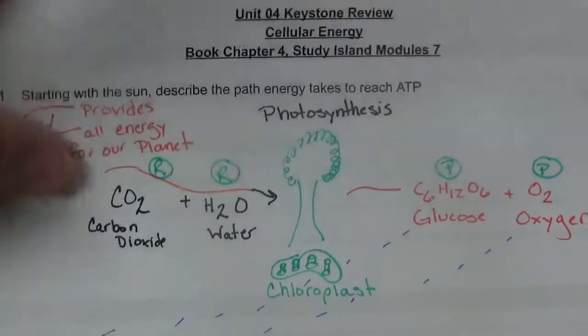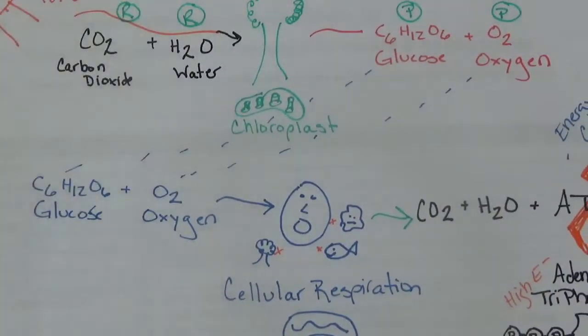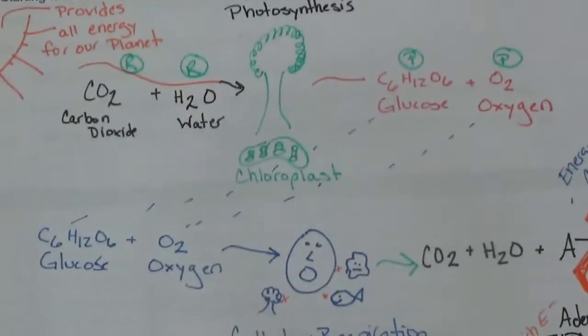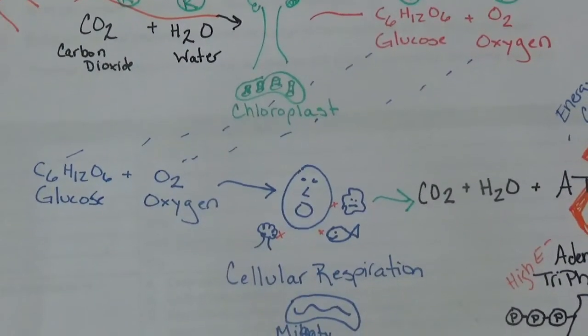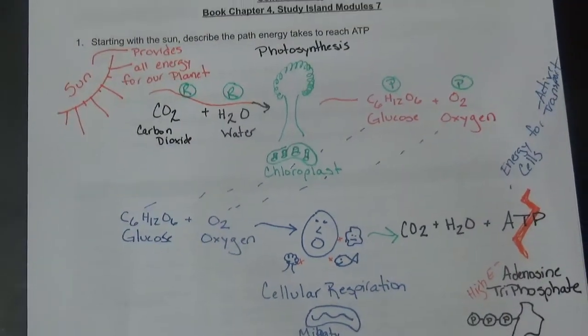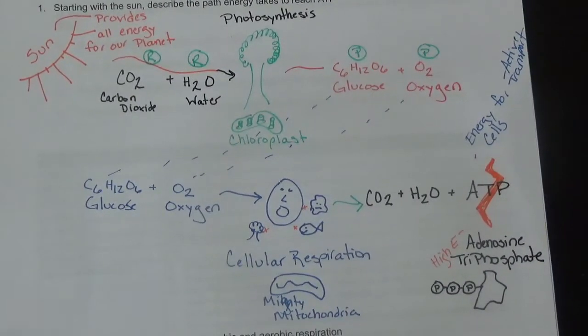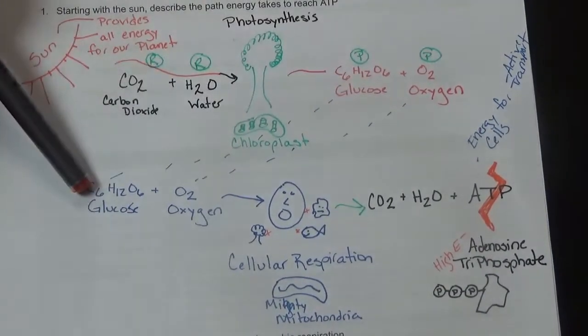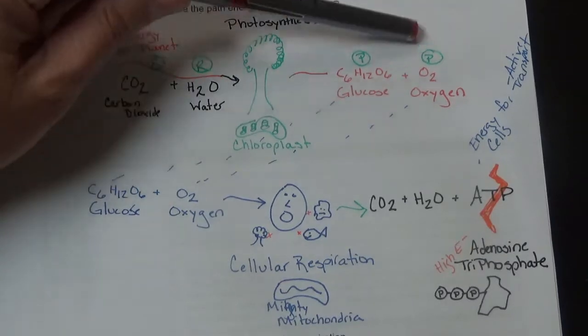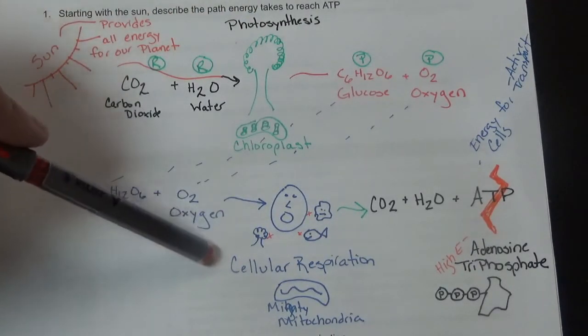So we're going to look at the next step, where you can see that the products of photosynthesis become the reactants of cellular respiration. The glucose comes over and becomes a reactant. The oxygen comes over and becomes a reactant for cellular respiration.